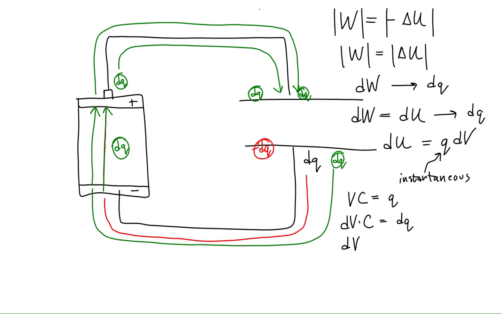Or a small amount of potential difference is equal to a small amount of charge times 1 over the capacitance. Putting this together means we have a small amount of potential energy equal to our instantaneous charge on the plate of a capacitor times 1 over the capacitance times a small amount of charge.